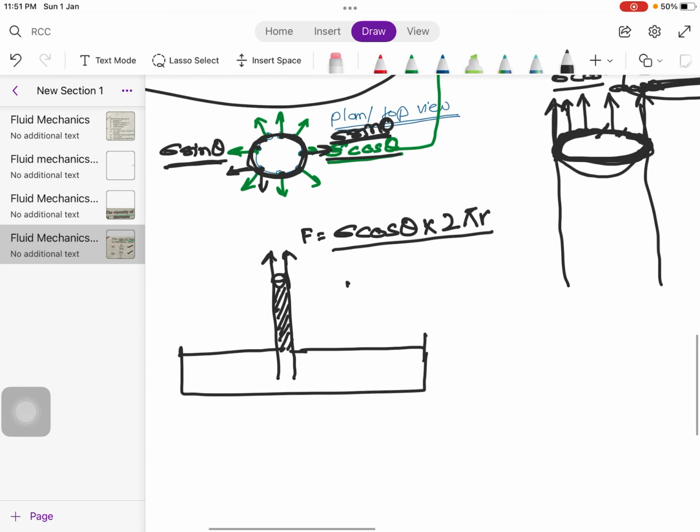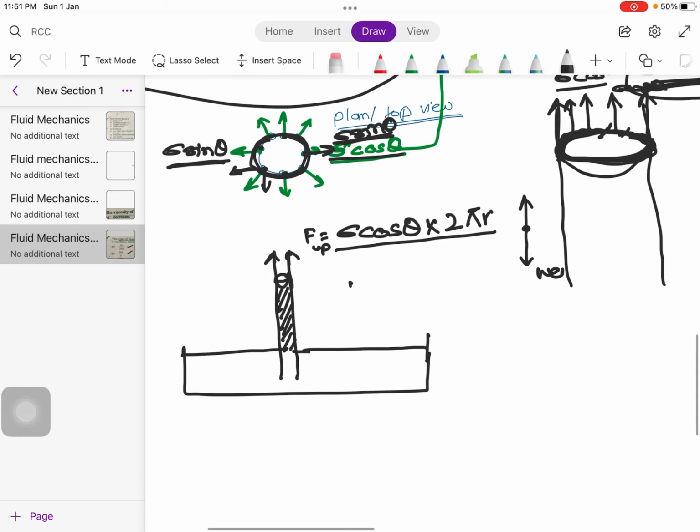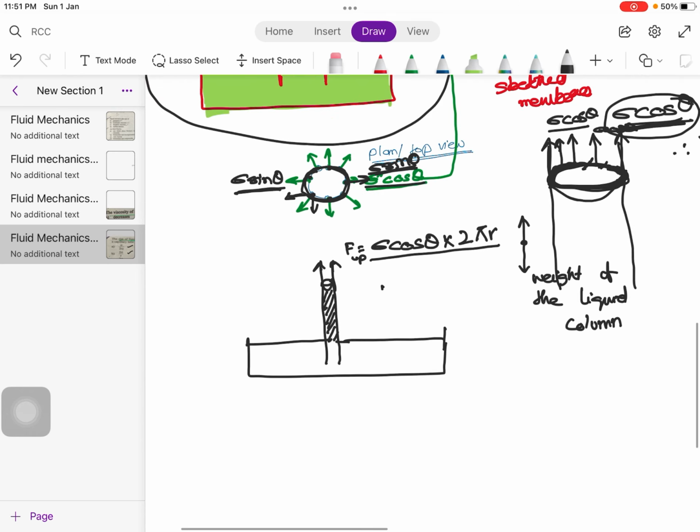And this total vertical force which is acting upwards is balanced by a total net downward force, which is possibly the weight of this liquid column which has risen in the capillary tube.